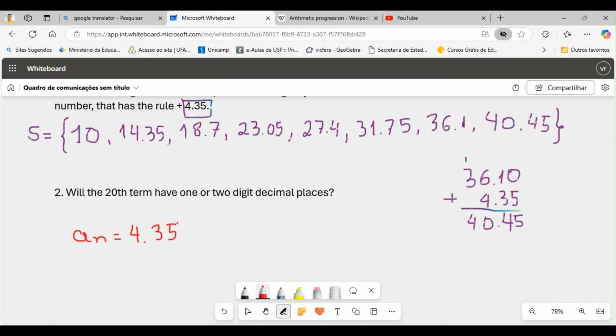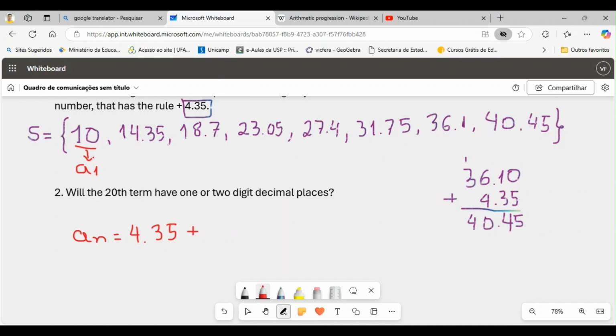First we have the constant, then I'm going to add a plus, and I'm going to look at the first term, which I'm going to call a1.